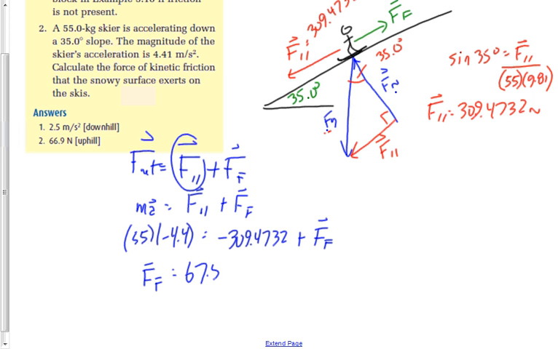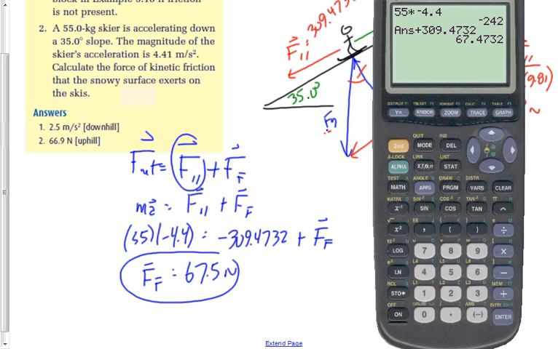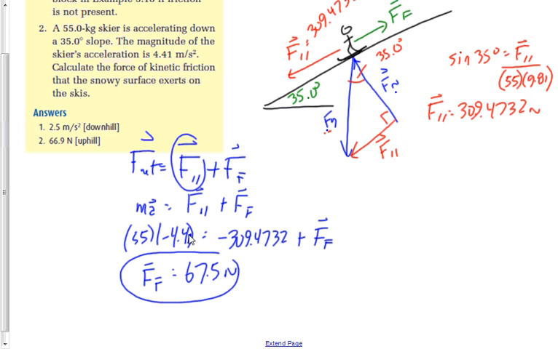Oh, wait a second. Anybody else get 67.5? Anybody else get 66.9? What did I do wrong? Oh, I see, 4.41, yeah, okay. So we're going to go about doing the math the same way, but it's going to work out to be a slightly different answer as a result of that.